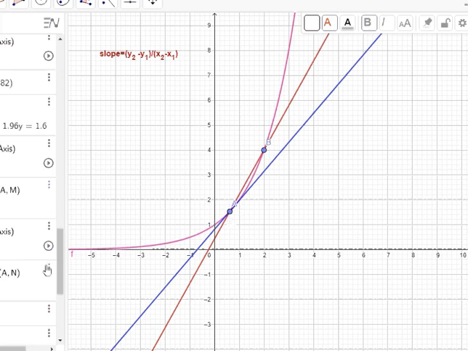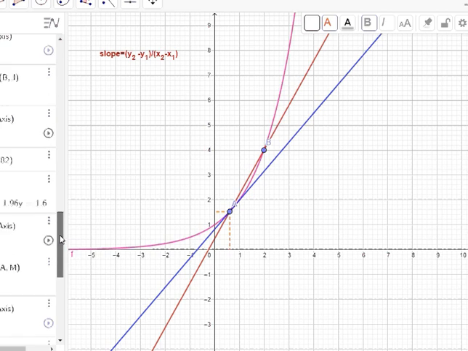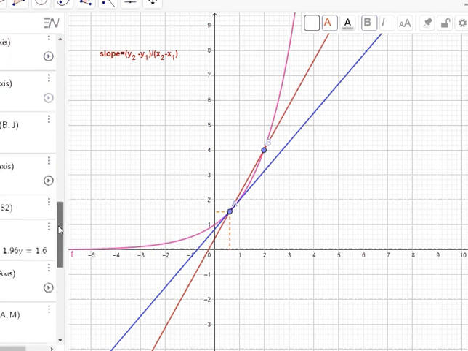Let's locate the coordinates of my point A. So my point A, let's say it has this x value, x coordinate, and it has a y coordinate. I will call them x and f of x.